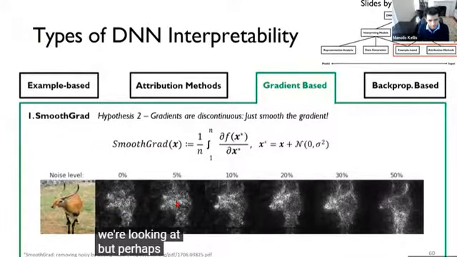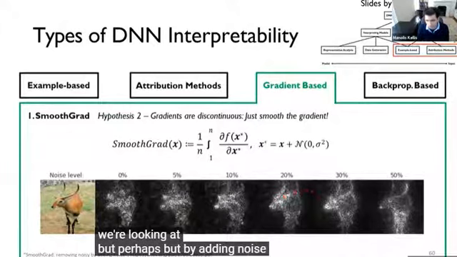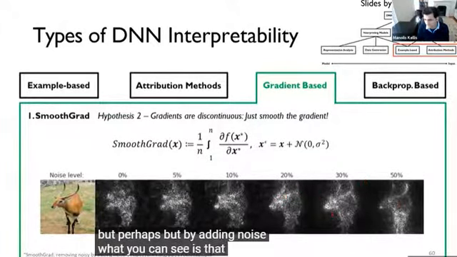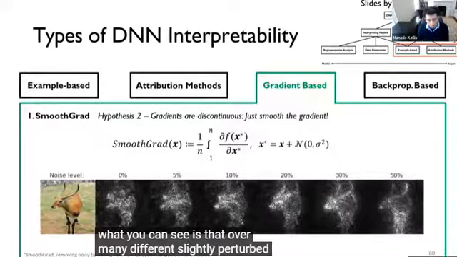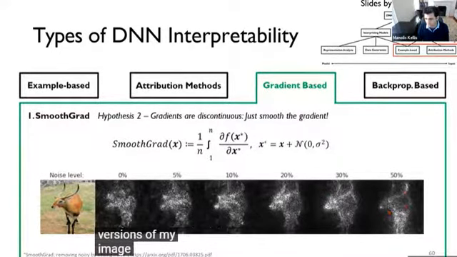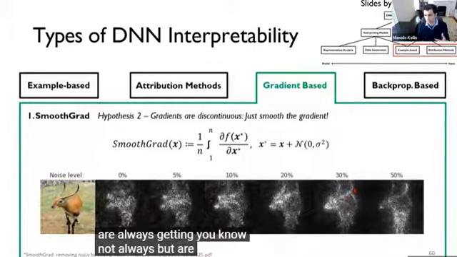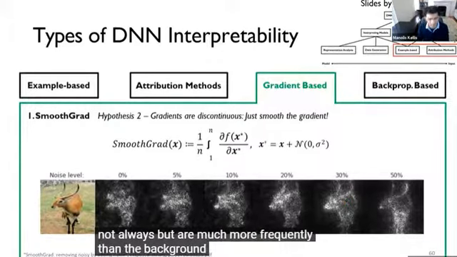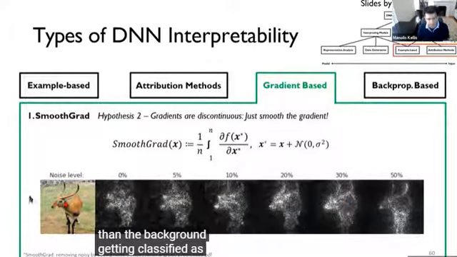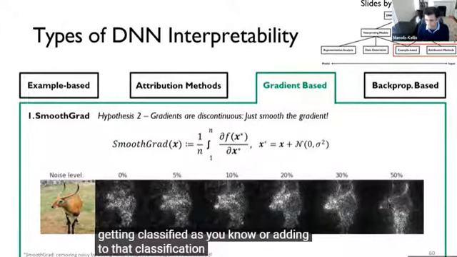But by adding noise, what you can see is that over many different slightly perturbed versions of my image, I can see that the horns are much more frequently than the background getting classified as, or adding to that classification.